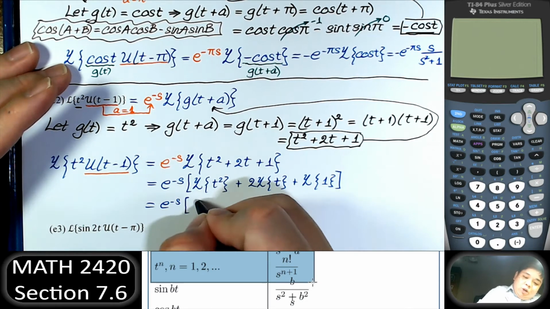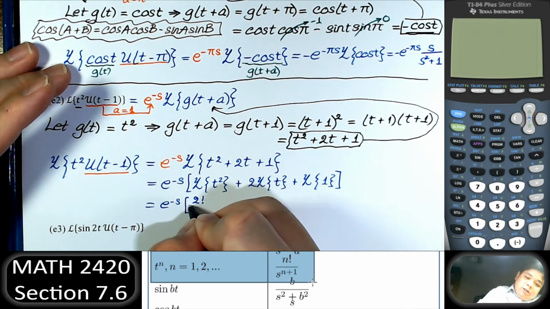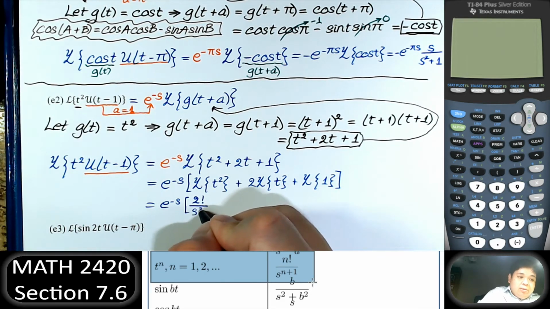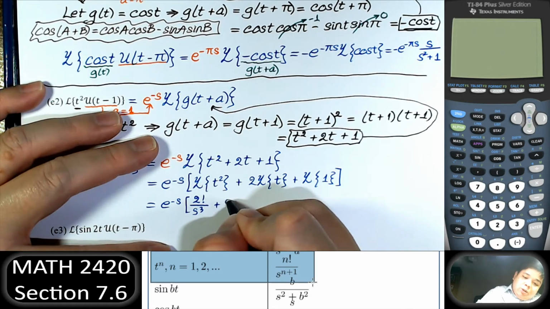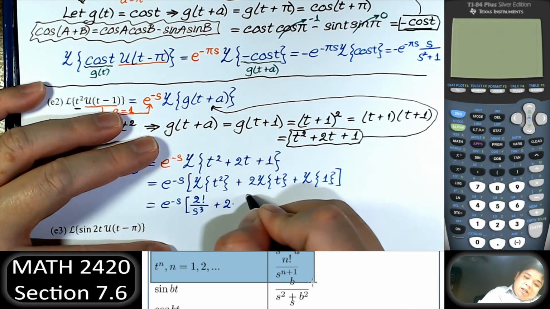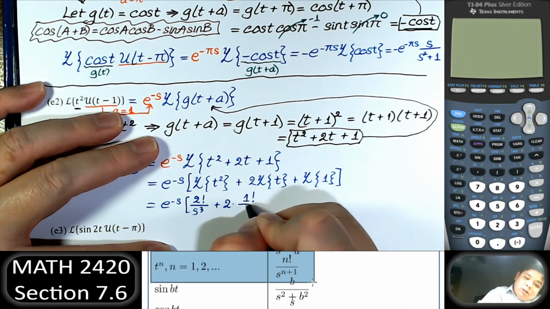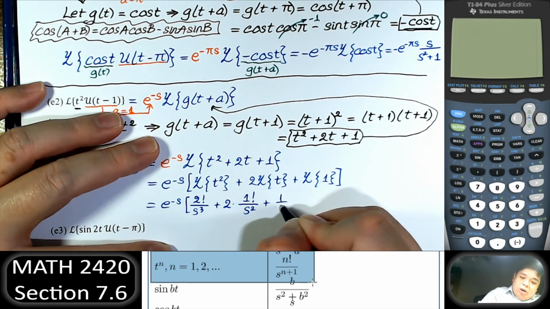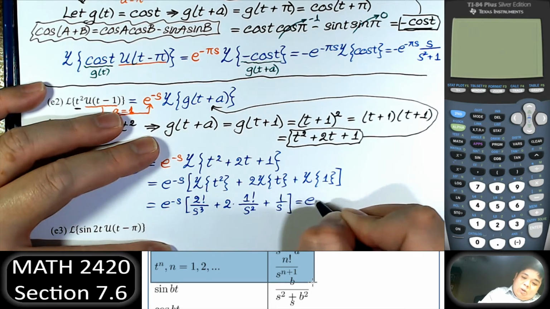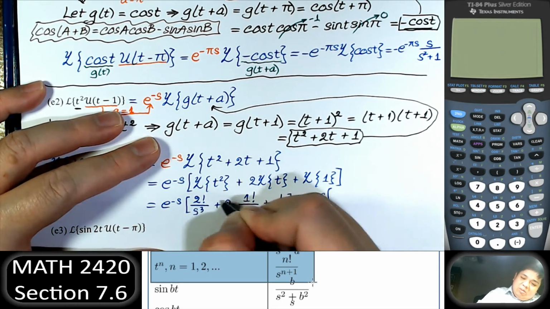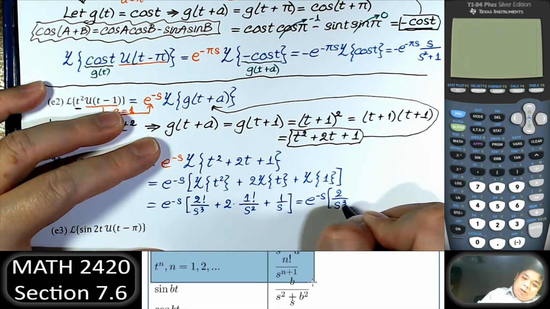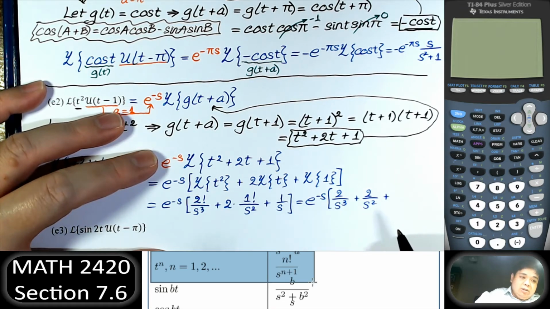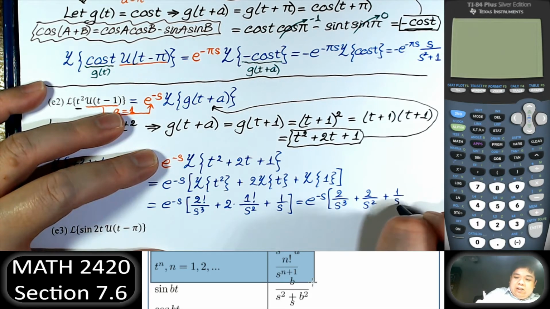So n is 2, so I have 2 factorial over s to the n plus 1, so s cubed, plus 2 times the Laplace transform of t, 1 factorial over s squared, plus Laplace transform of 1, which is 1 over s. So multiply that all out. Just simplify this. 2 over s cubed, 2 over s squared, and 1 over s.